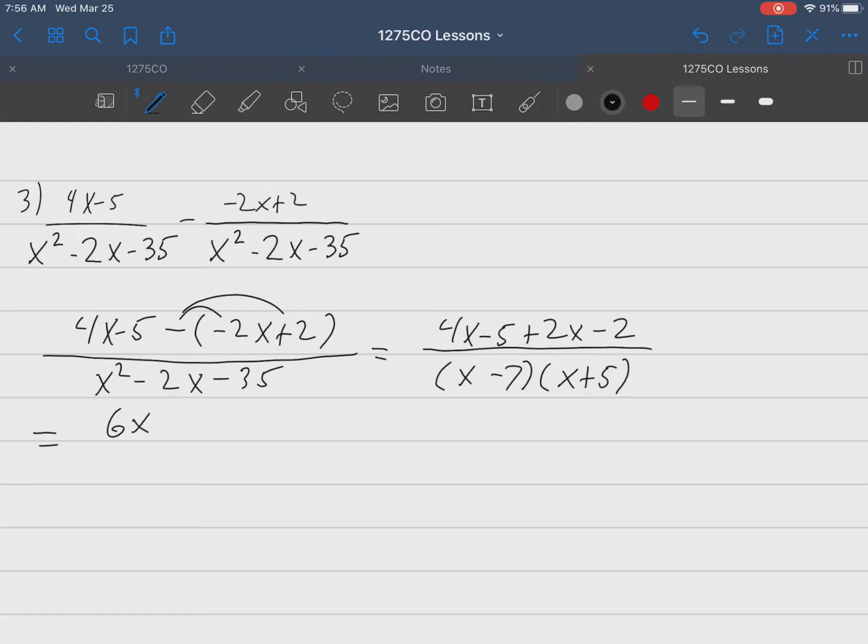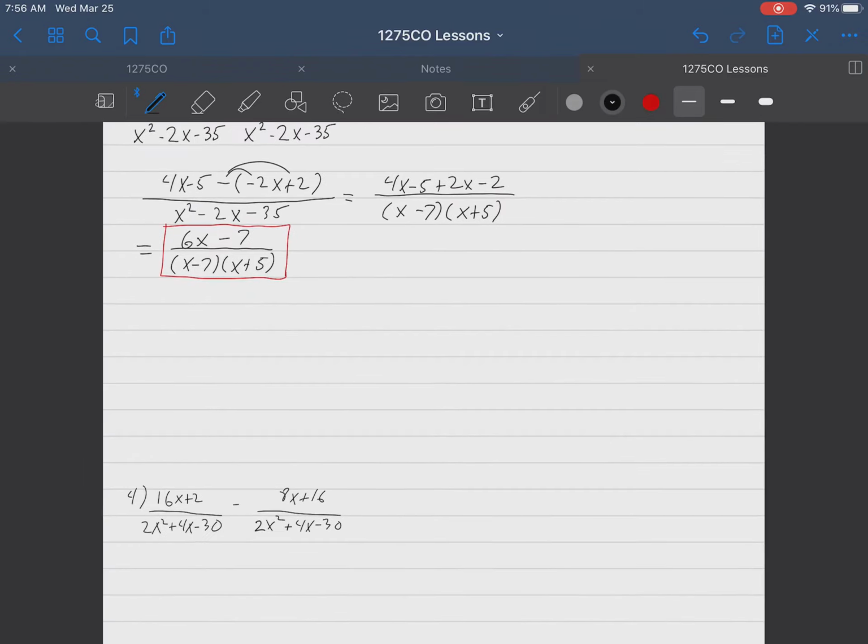On the numerator, we can combine like terms, 6x minus 7, and on the denominator, x minus 7 and x plus 5. So if we can factor, nothing's going to cancel, right? Again, negative 7 outside the parentheses and inside the parentheses are not going to cancel. 6x minus 7 doesn't factor. And since nothing factors and since nothing cancels, this is our final answer.